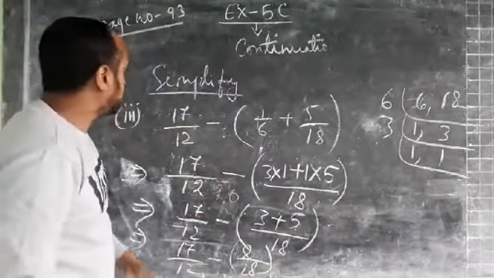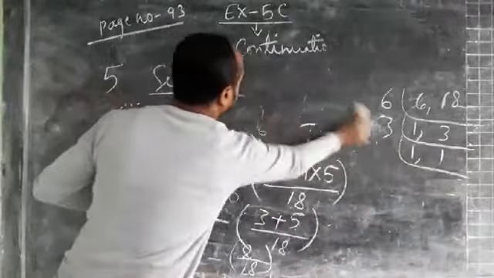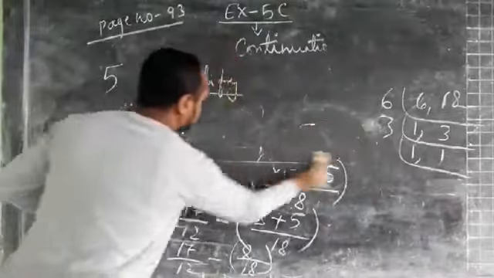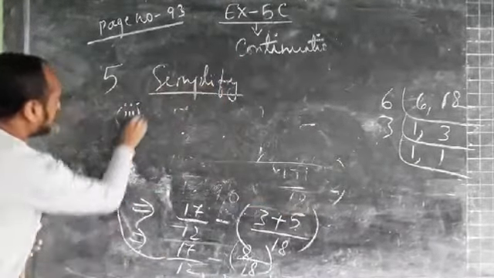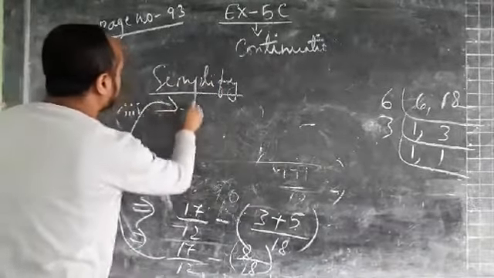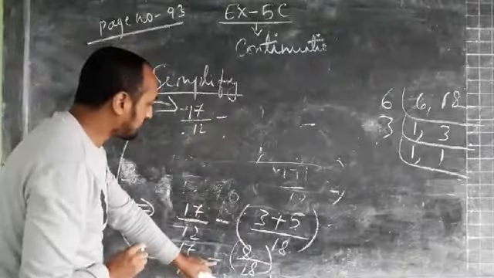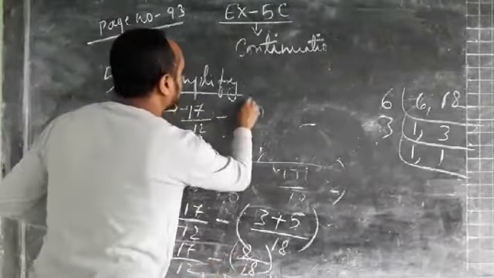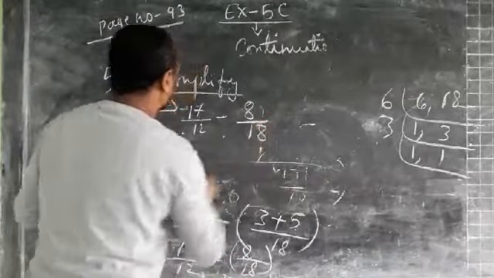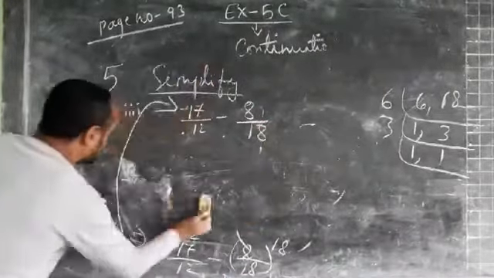Now we can open this bracket. So from here we have 17 by 12 minus, we have to multiply this number with this negative sign, so it will be minus 8 by 18.